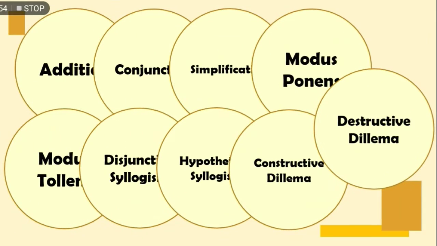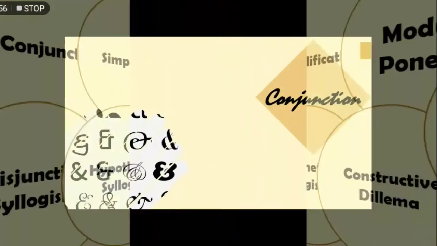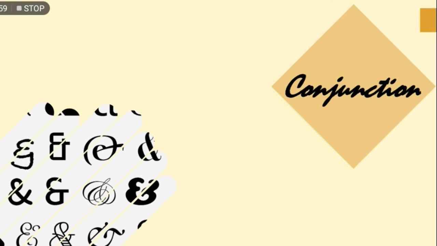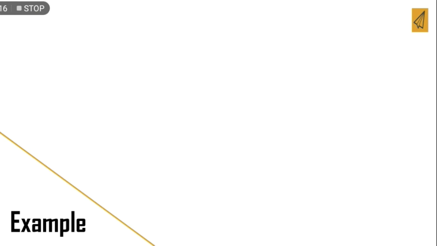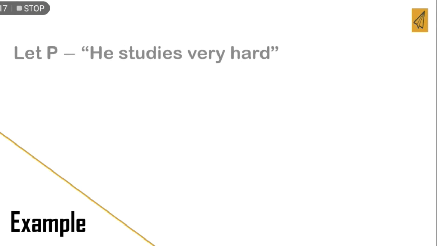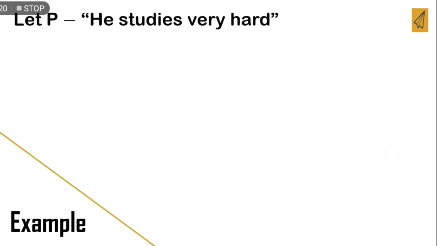The next rule is the conjunction. In the conjunction rule, if P and Q are two premises, we can use the conjunction rule to derive P and Q. Let's have an example. Let P be "he studies very hard."